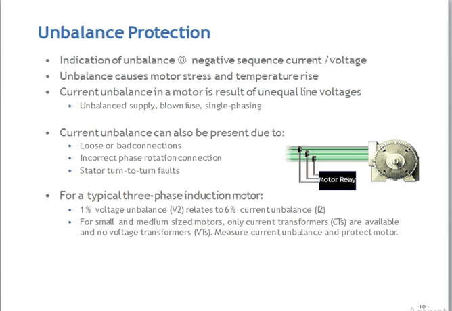Next is unbalance protection. If there is any unbalance in the system, it creates negative sequence current or voltage. Unbalance causes motor stress and temperature rise. Current unbalance in a motor results from unequal line voltages: unbalanced supply, blown fuse, single phasing.